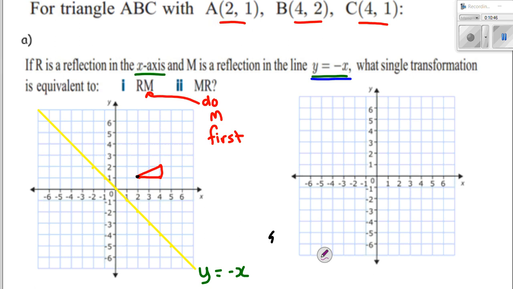So to go from A to the line, I need to go back 2, down 1.